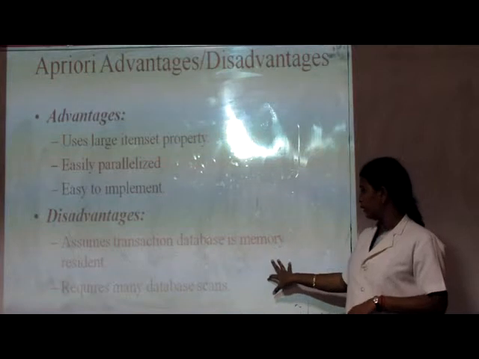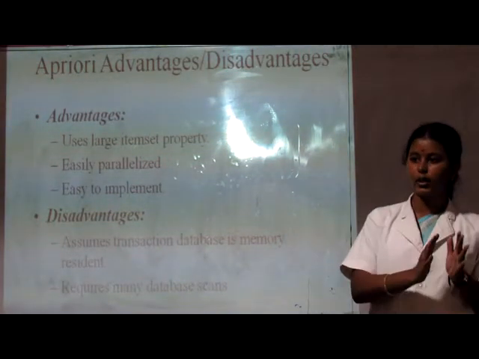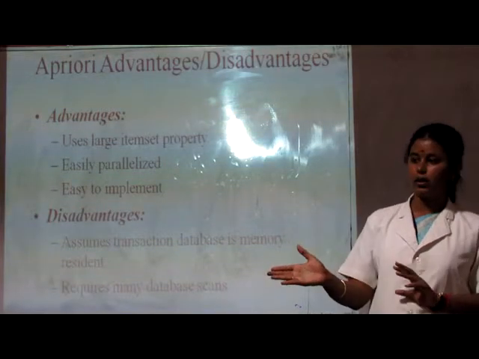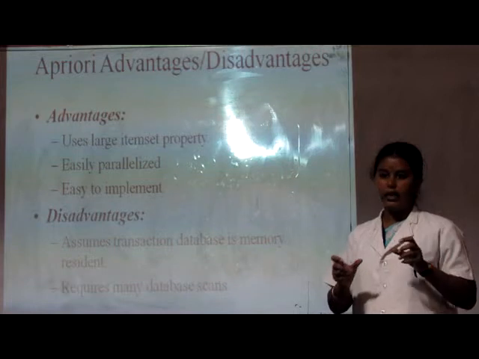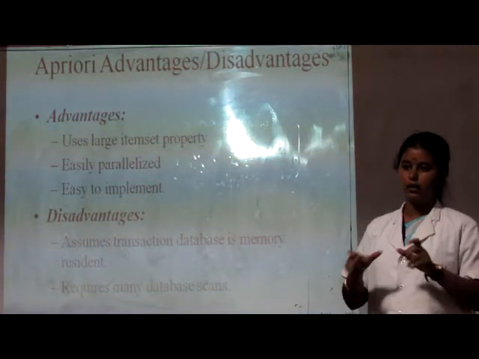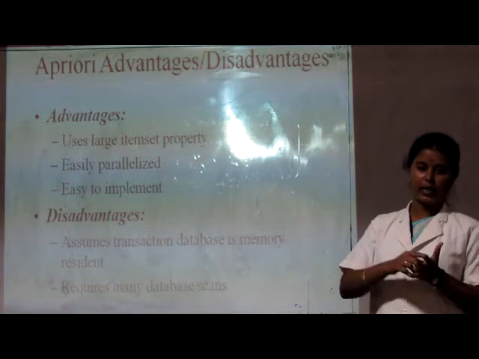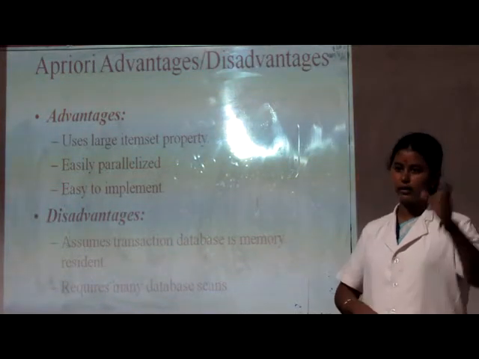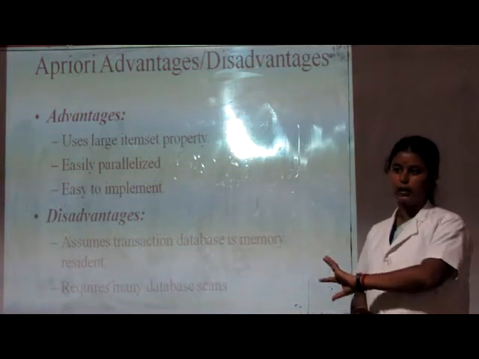When you go for disadvantages, it considers all the transactions, which will be stored in memory and taken for the process. And it needs more scans of your database. If I am having 100 items, first for an individual X value I want to get the count, so I have to scan the database from the starting record to the end record.